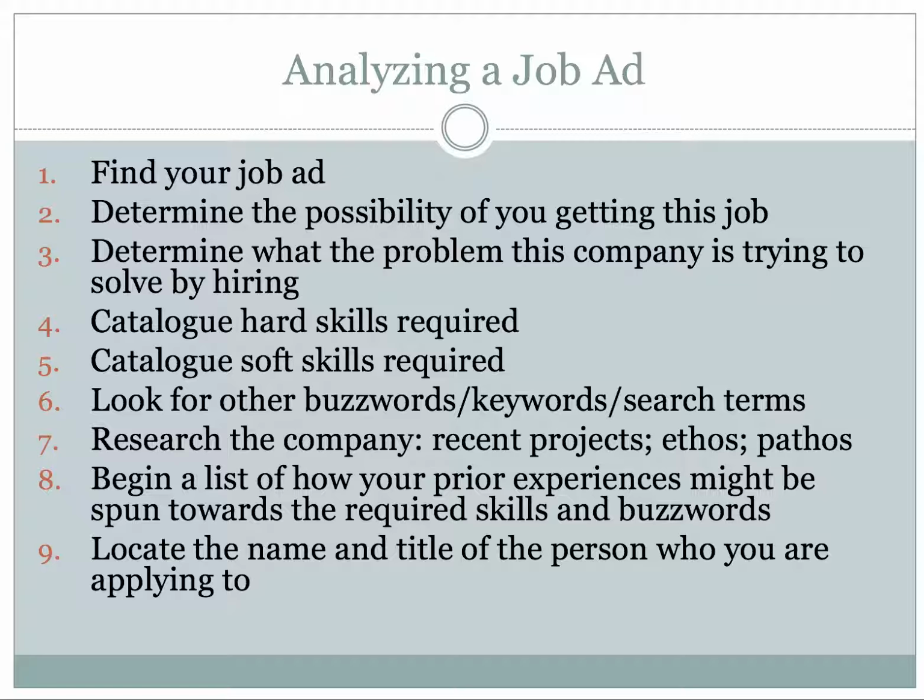So you really have to think about how you spin the work that you've done to meet the required skills or the buzzwords. So think about cool projects that you've done that you can talk about how you've demonstrated those skills. Think about a job that you had that's not directly connected to it, not in the field yet, but you can demonstrate some required skills that they need.